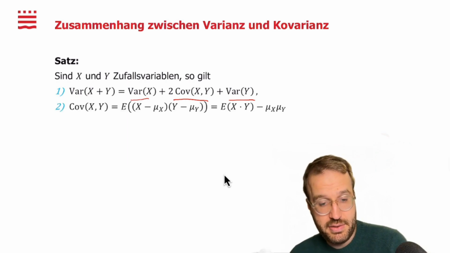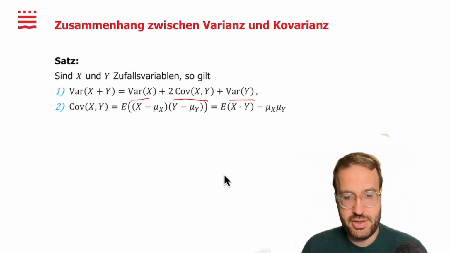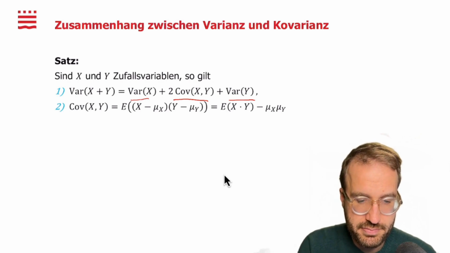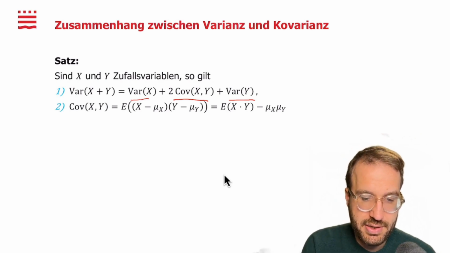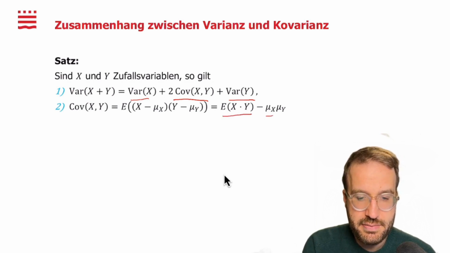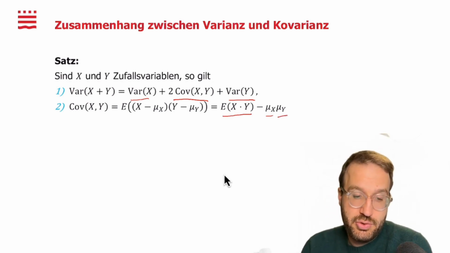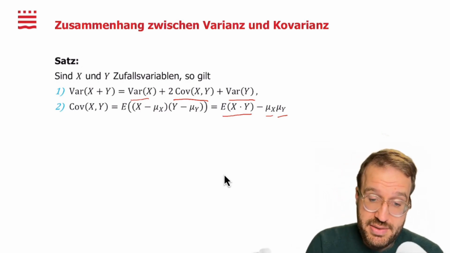Then we also have a shift law for covariance. This helps you calculate the covariance. You can calculate the covariance by taking E of X times Y minus E of X times E of Y. It looks quite similar to the shift formula for variance. And here you can already see something very crucial.